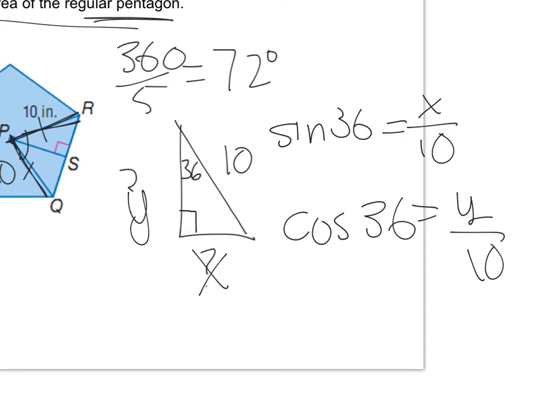So if I take my trig functions, that gives me 5.87785. And so my height becomes cosine of 36 times 10, which is going to be 8.09.